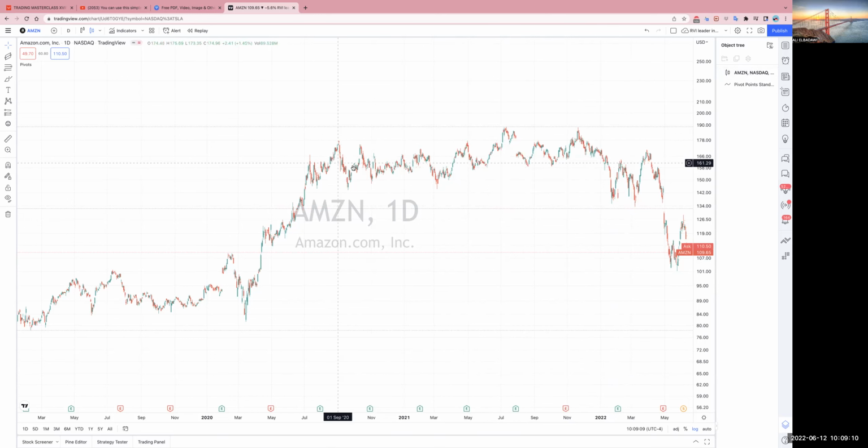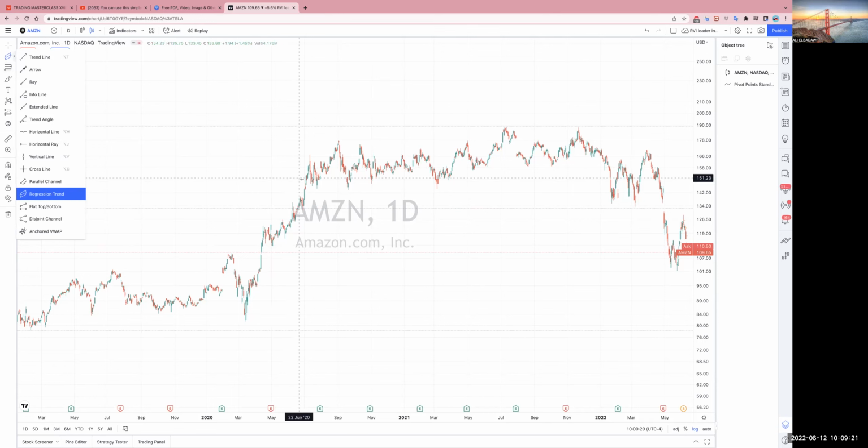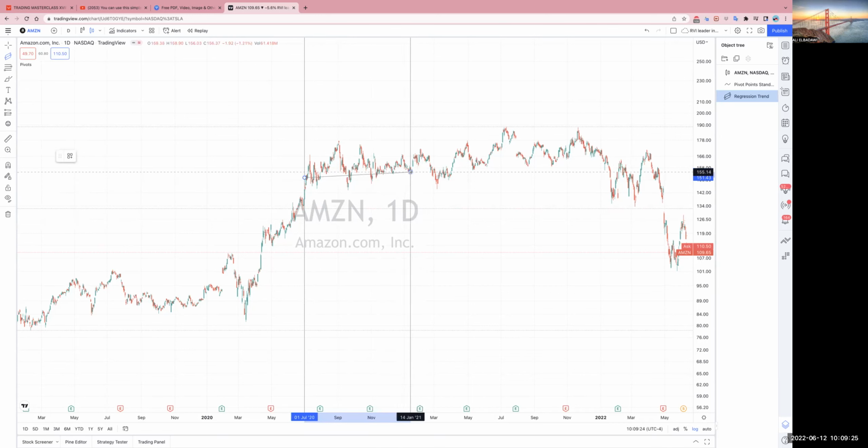So I'm right here. What I do on TradingView, I get the channel regression, regression trend, and I just come from here to here. This is how the stock has been behaving.